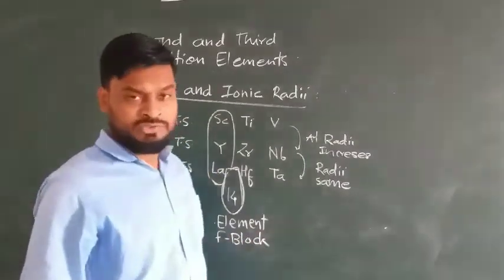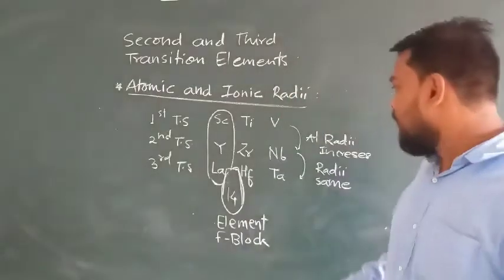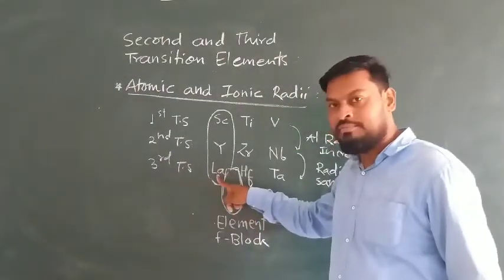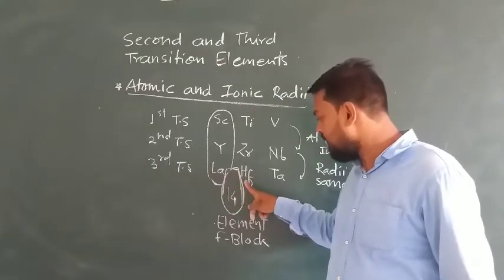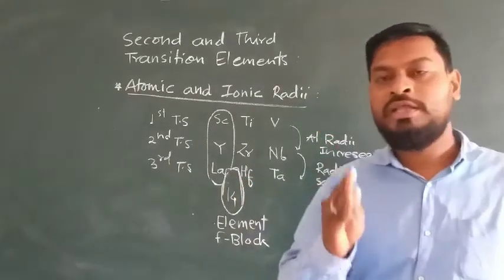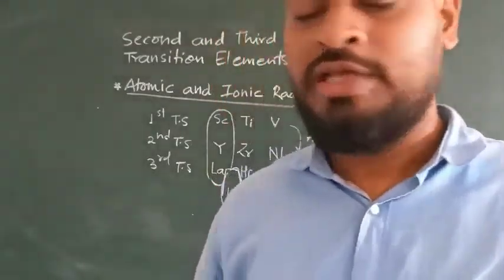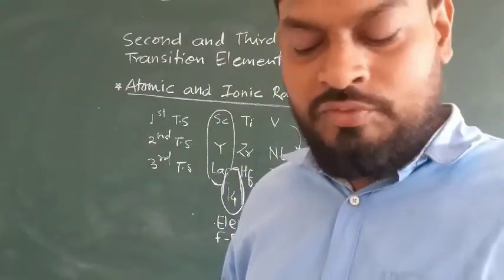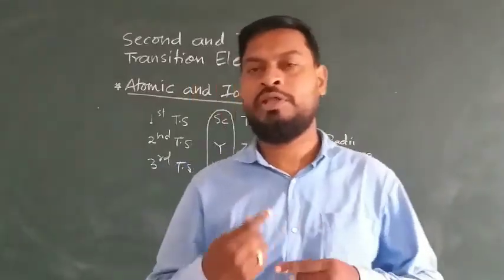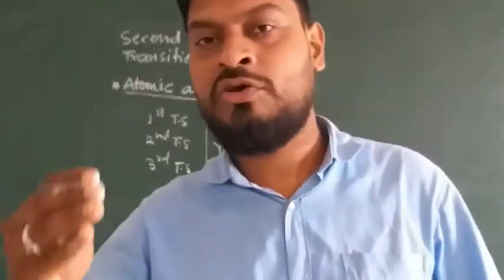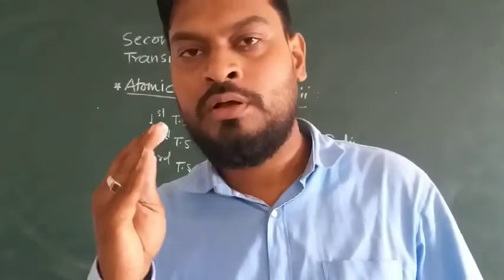In between lanthanum and hafnium, there are 14 F block elements, and if you remember the electronic configuration of an F block element, the last electron enters the F subshell.